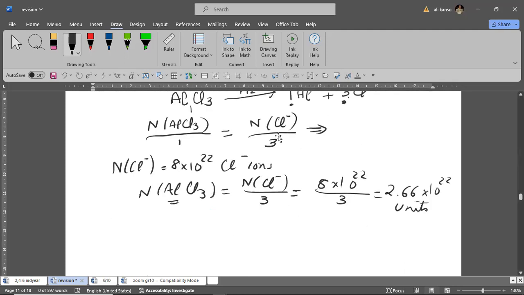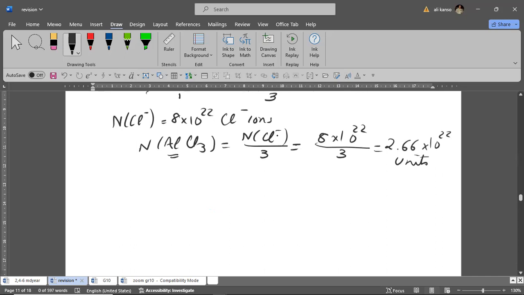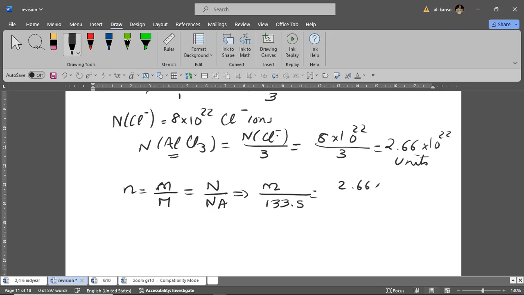Next, how can we find the mass? We go to the number of mole rule: n equals mass over molar mass equals N over Avogadro's number. Mass is required. Molar mass we got is 133.5, equal to 2.66 times 10 to 22 divided by Avogadro's number, which is 6 times 10 to 23.